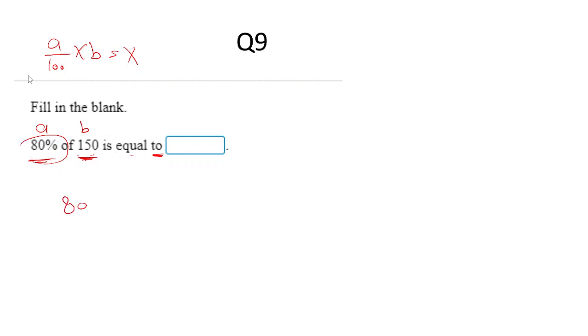So again, 80 over 100 multiplied by 150. Simplifying, 15 multiplied by 8 is 120. Okay, very simple. If you put the equation before answering the question, you will find it's very simple to answer.